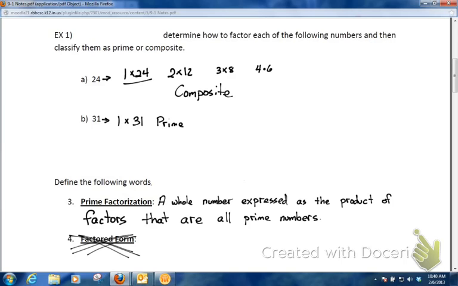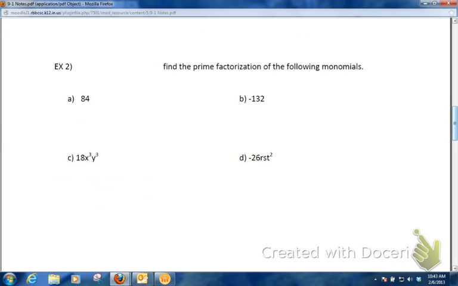So let's move on to some examples then. Here we're going to show you how to actually find the prime factorization of a number or a monomial, because we know numbers are monomials. This you may have seen before. This is where you're going to use factor trees.